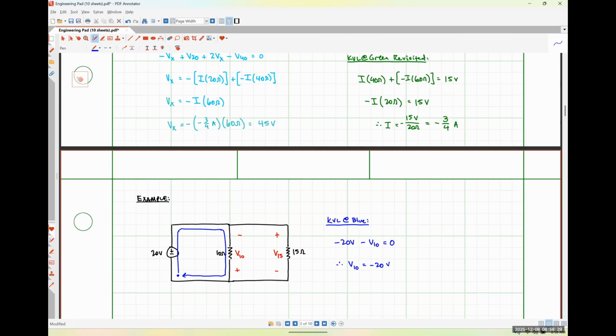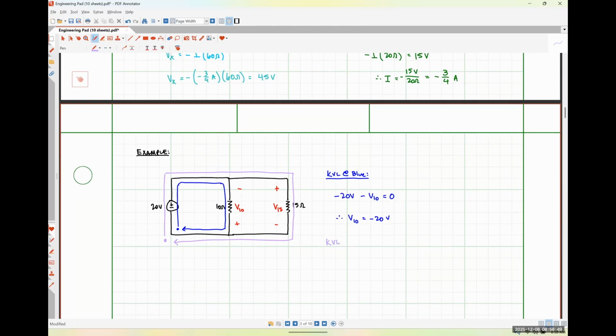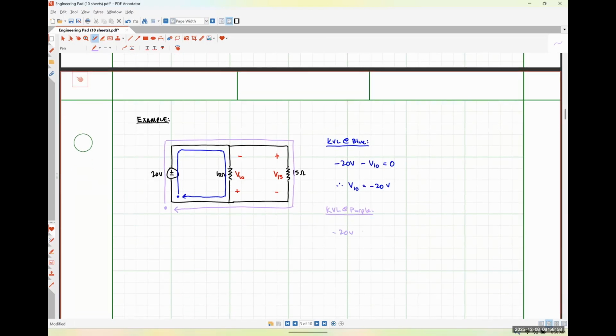When we do KVL around the outside, which I'll do in light purple, maybe that's the one I should have done first, I would have negative 20 volts plus V15 is equal to 0, which means that the voltage drop across the 15 ohm resistor is positive 20 volts.